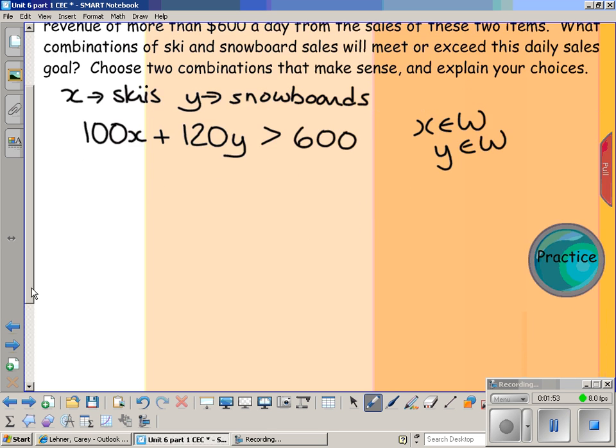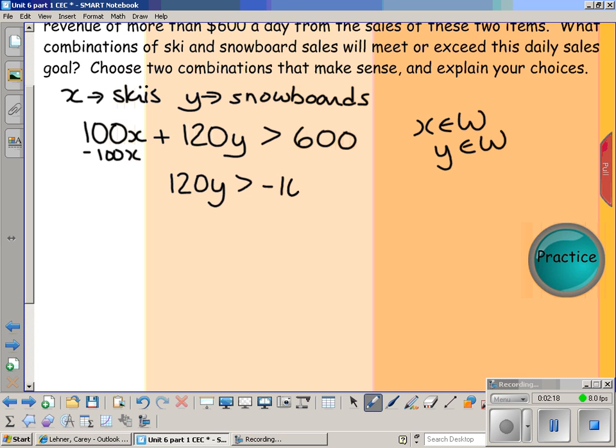So what we can do is graph this. We could use the intercept method or slope-intercept form. Because in a previous lesson we reviewed the intercept method, here I will review slope-intercept form. We want to get y by itself, so we subtract 100x from both sides.